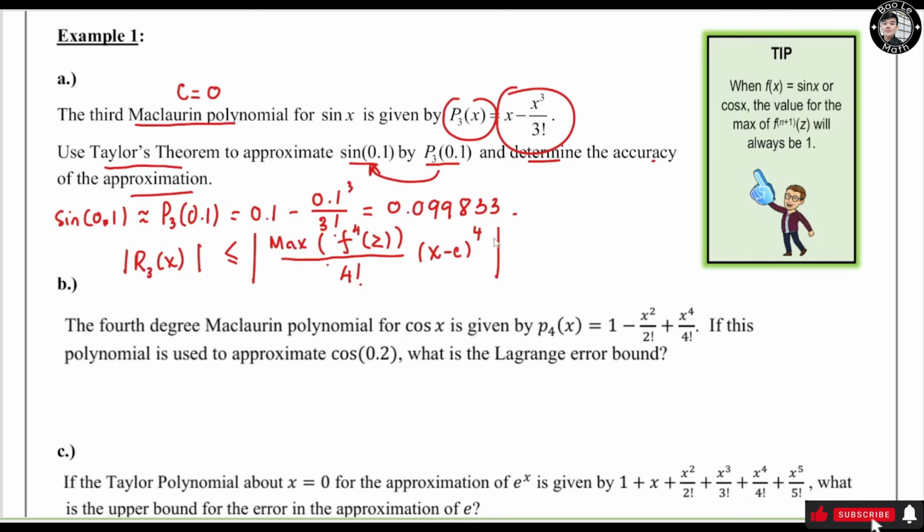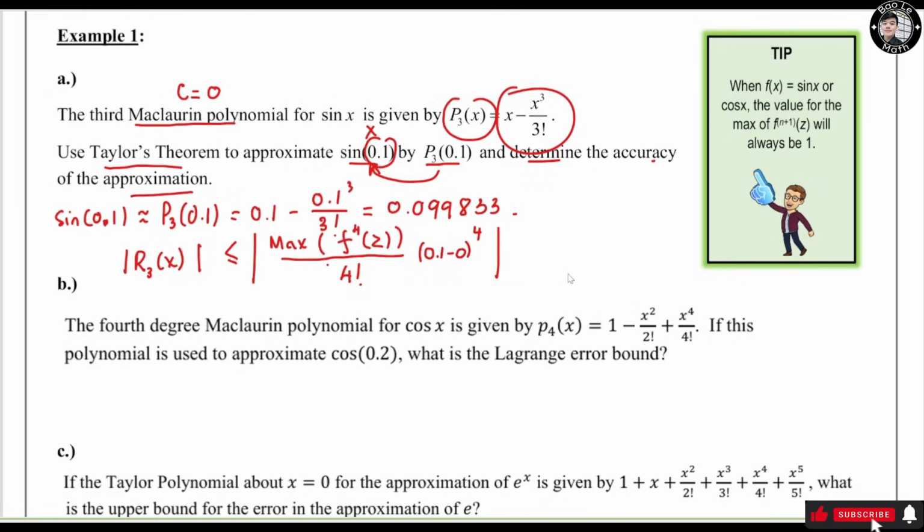Now c equals 0 and x equals 0.1, so I'm going to replace this with 0.1 minus 0.